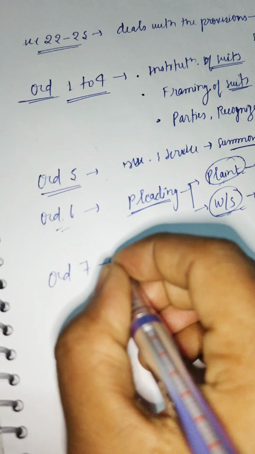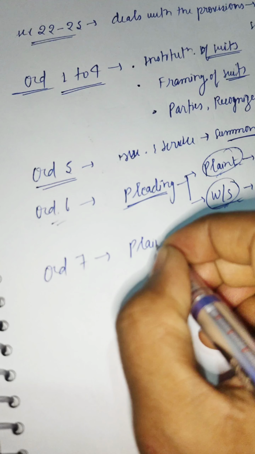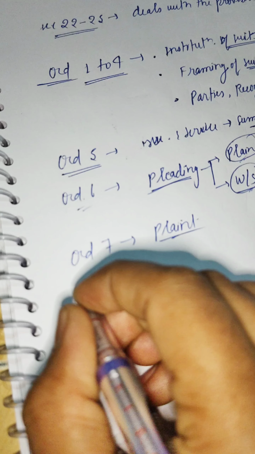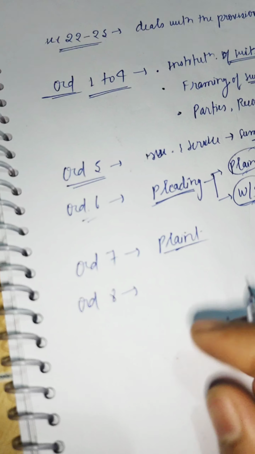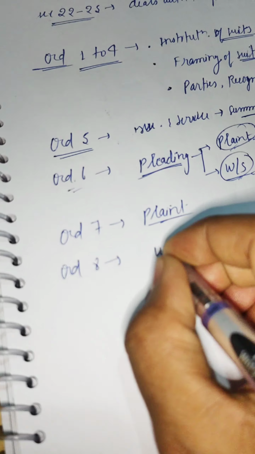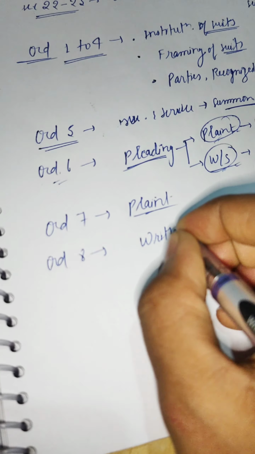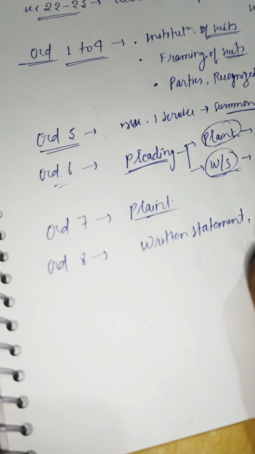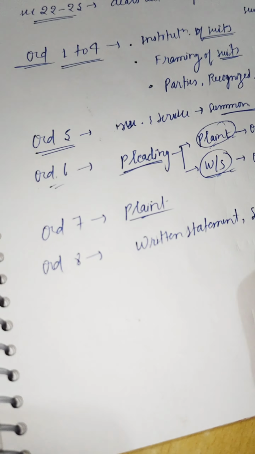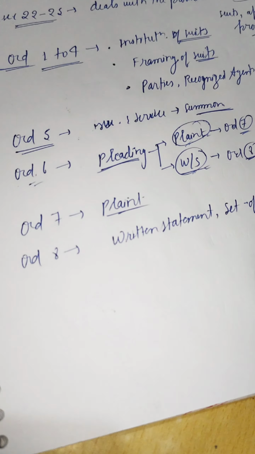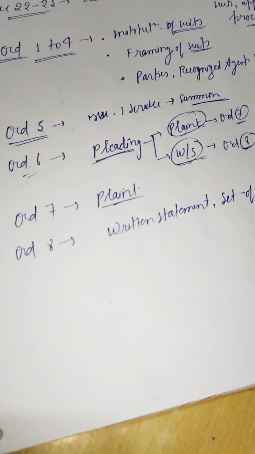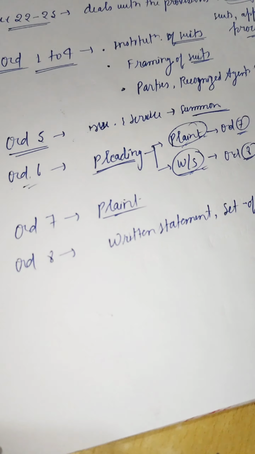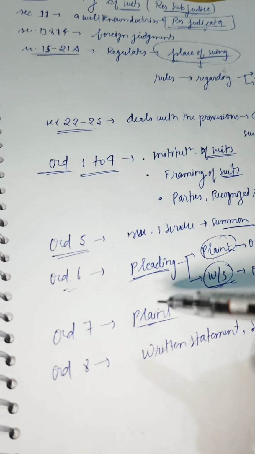So order 7 is regarding the plaint, and order 8 is regarding the written statement, set off, and counterclaim. Okay, remember, this is a very important part.